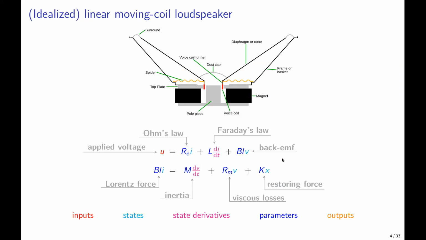For this simple loudspeaker, it's 3 different states, and they totally describe the state of the loudspeaker. Then we use differential equations to describe the dynamics. We solve a system of coupled differential equations to find out, given a certain input, how the loudspeaker moves. So this is the simplest linear loudspeaker model.